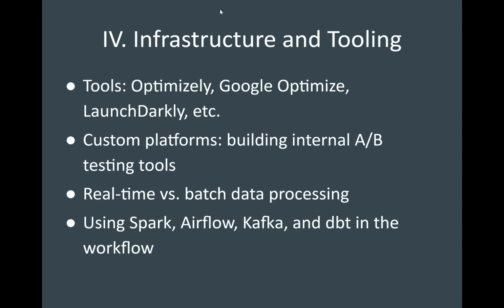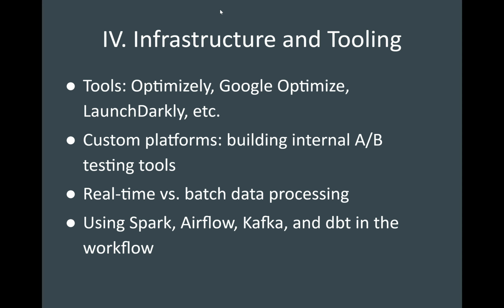If we talk about infrastructure and tooling, there are off-the-shelf tools, where platforms like Google provide A/B frameworks with UI support, and there are custom platforms which are built in-house for scalability and privacy concerns.